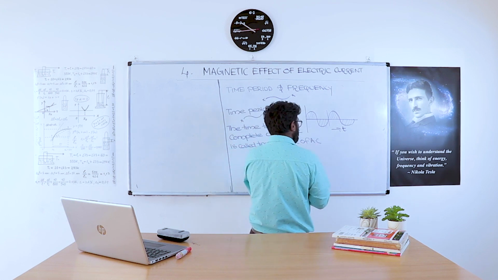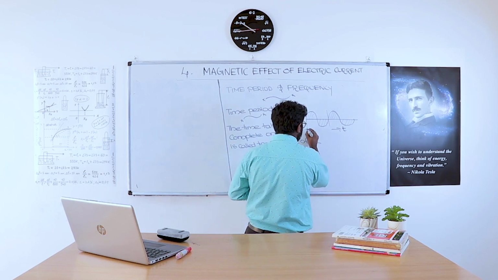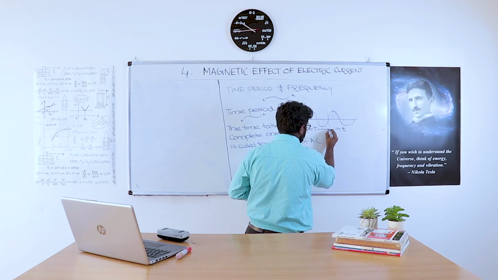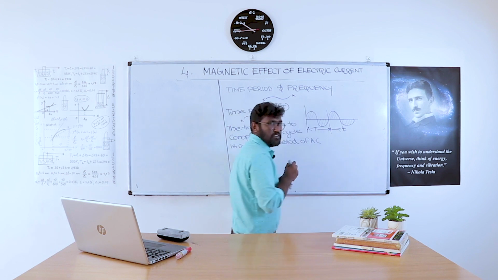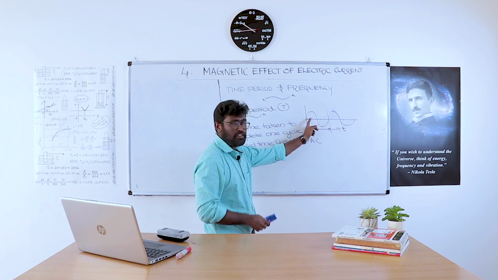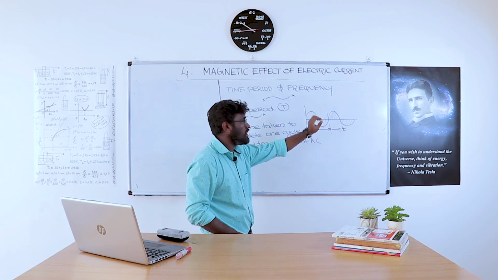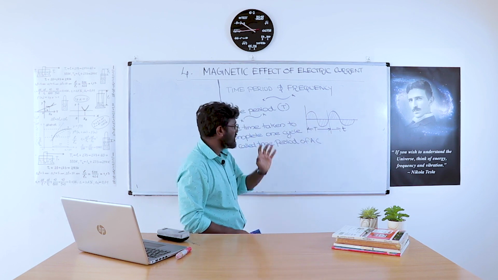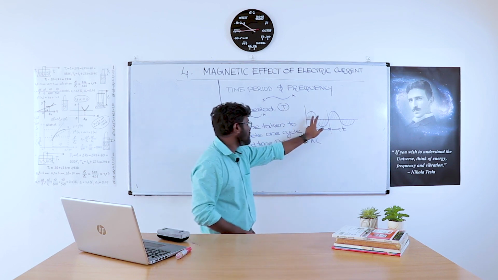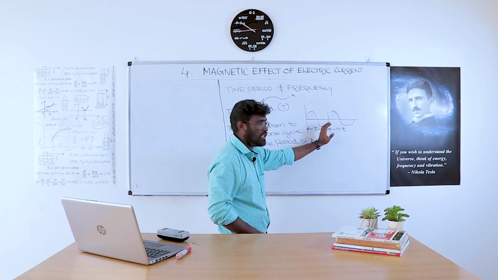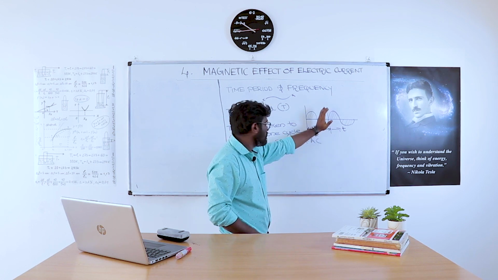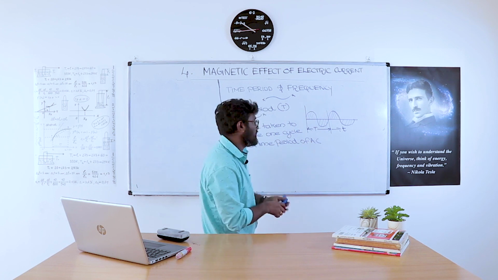So here is one cycle. This is the time period. That means the time taken to complete one cycle. One cycle means one positive half cycle and one negative half cycle constitute one cycle. So this positive half cycle and this negative half cycle constitute one cycle. The time taken to complete one cycle is called time period of AC.